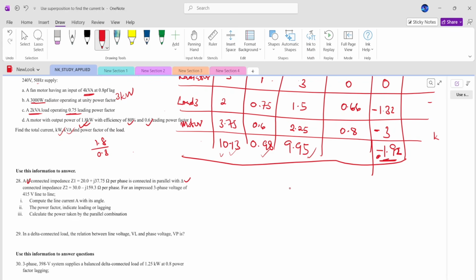So what they are saying is we have a system like this. We have another one. They are saying you have power like this.